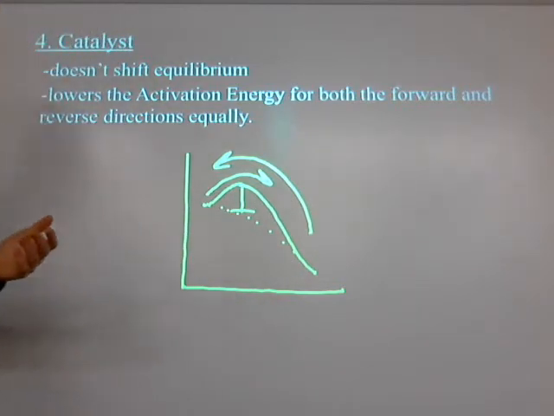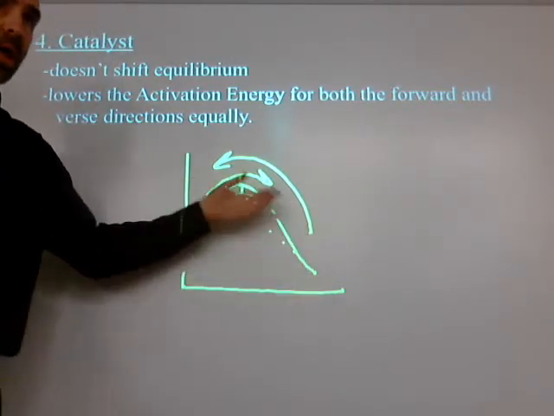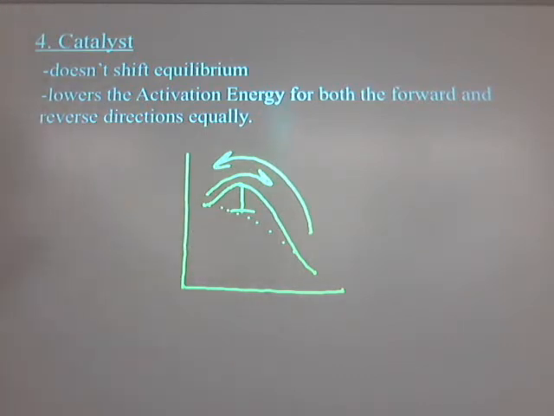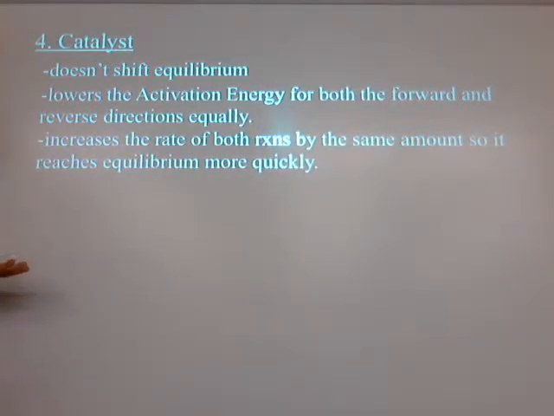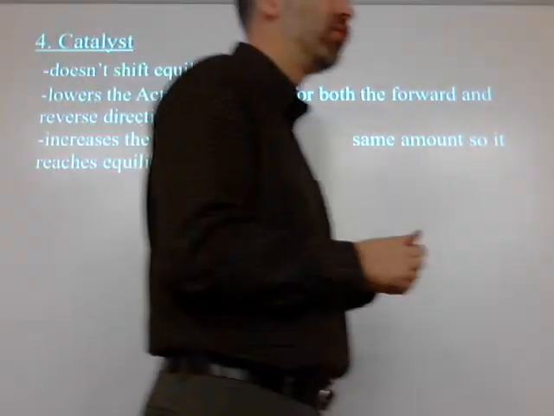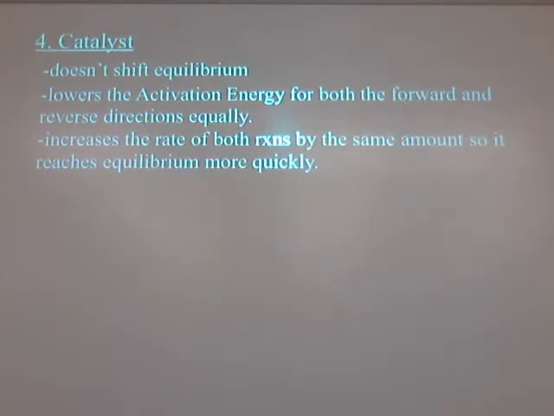So it really isn't going to shift and favor the forward or favor the reverse, because both of them are going to be easier by the same amount. So what happens is you basically get to equilibrium faster, but you didn't really shift it either way.